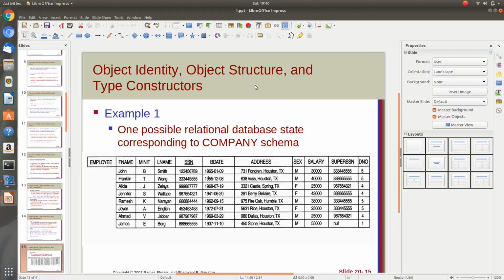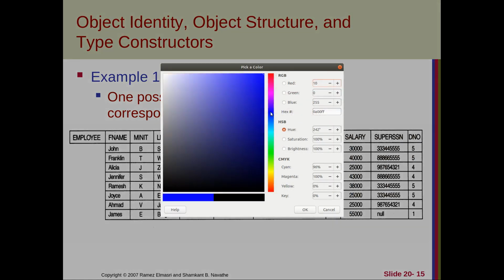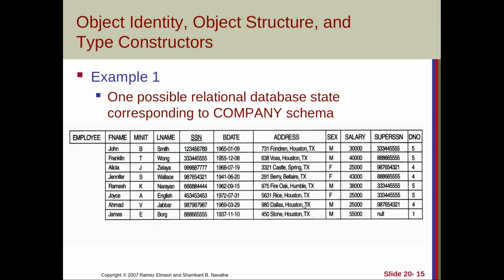In this session, we will continue with the topic we were discussing in our previous video, the introduction to object-oriented databases and their basic features. We were discussing features like object identity.